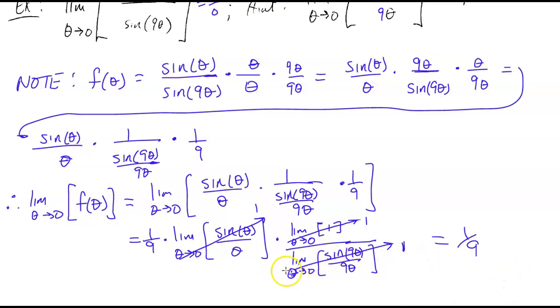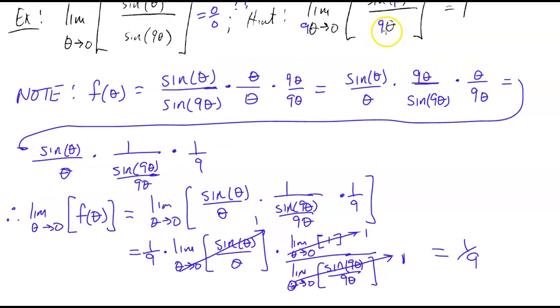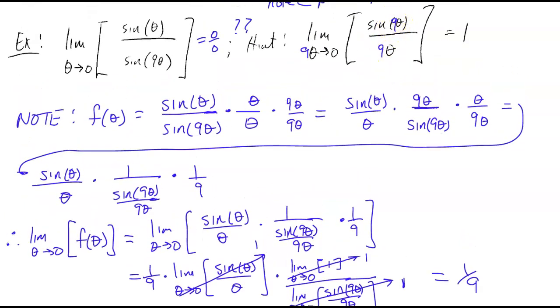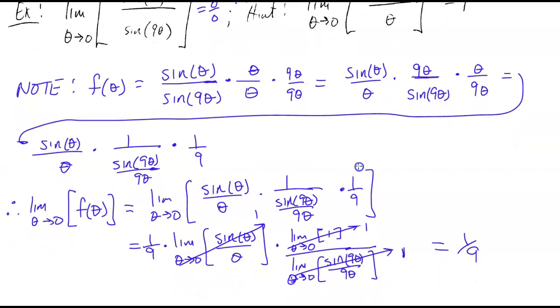So technically speaking, if we had to have everything match here, that should be a 9 like that to go along with everything that we said earlier. And again, it really doesn't matter if you leave it theta or 9 theta, because it'll essentially act the same way. And so that's how we work this example.